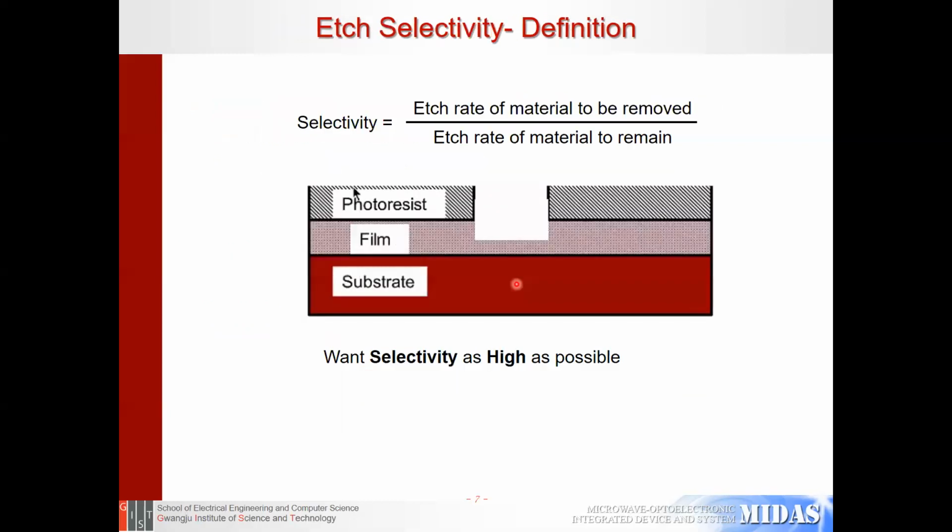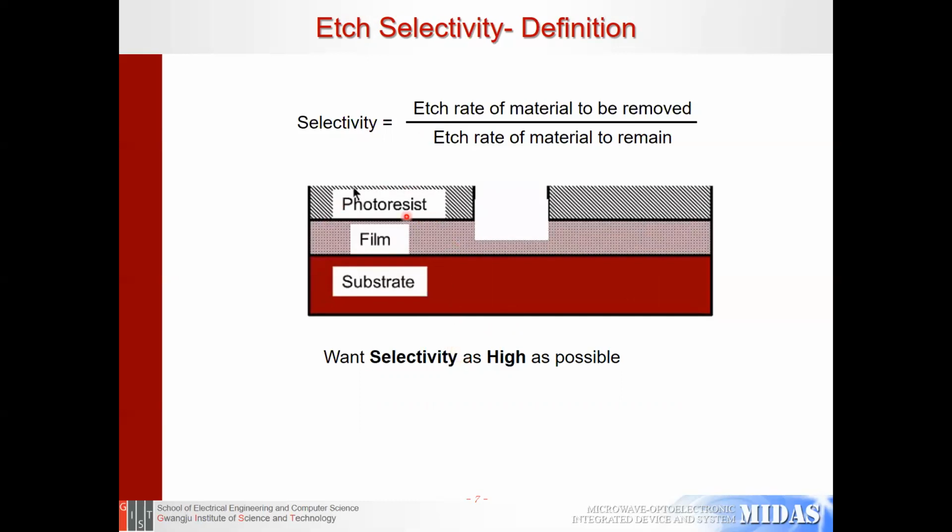Now there is another definition which is related to etch selectivity. Etch selectivity is the ratio of the etch rate of the material to be removed divided by the etch rate of the material to remain. So again, in the diagram here I have the substrate, the film and the photoresist.